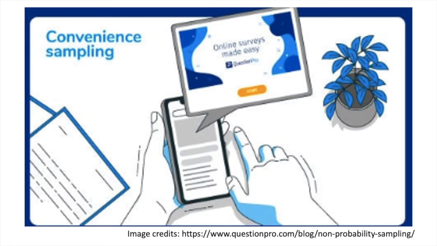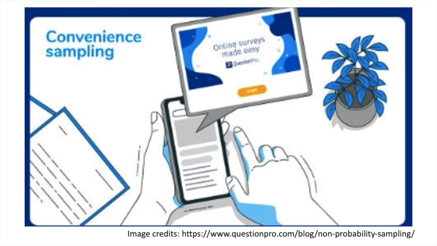The researcher using such a sample cannot scientifically make generalizations about the total population from this sample because it would not be representative enough.